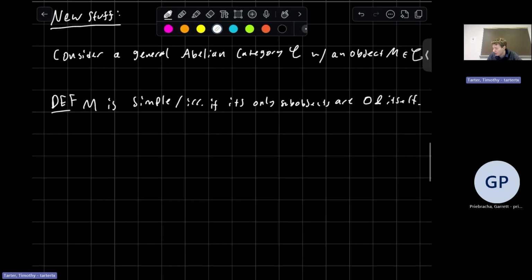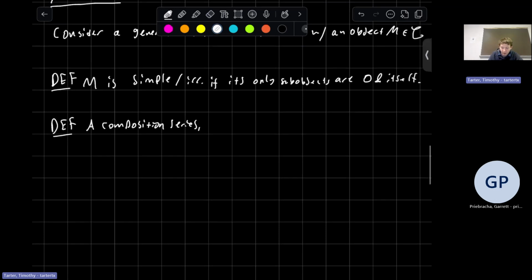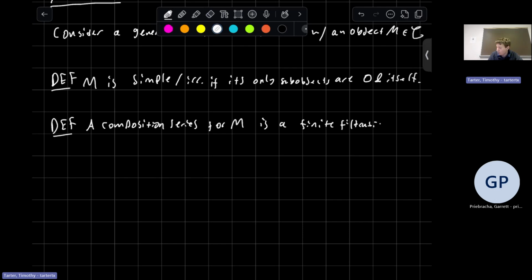And then we define a composition series for M, which is a finite filtration or chain of inclusions 0, X0, X1, and it's finite because we're saying proper here.